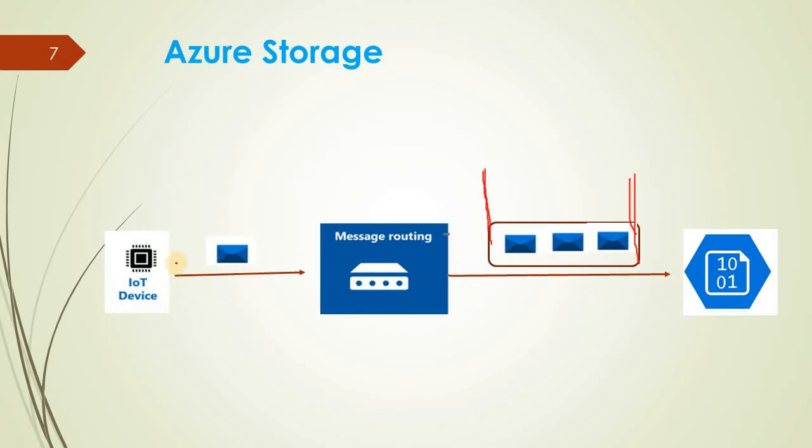Suppose the device is sending data every 10 seconds. In 10 seconds the device will send one message. This message will come to message routing, and message routing will push that message into the bucket. Suppose we have set the batch frequency as 1 minute, or 60 seconds. In 10 seconds we get one message, in 20 seconds two messages, in 30 seconds one more.